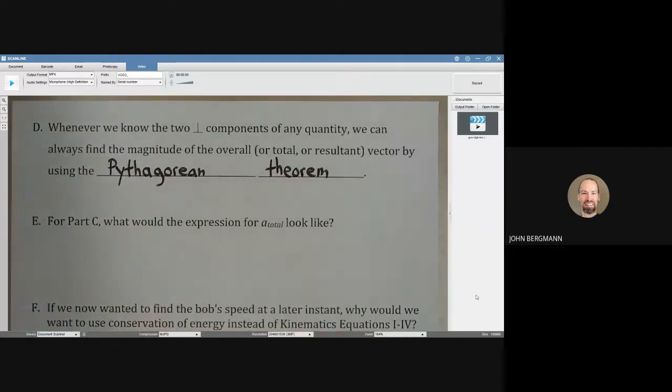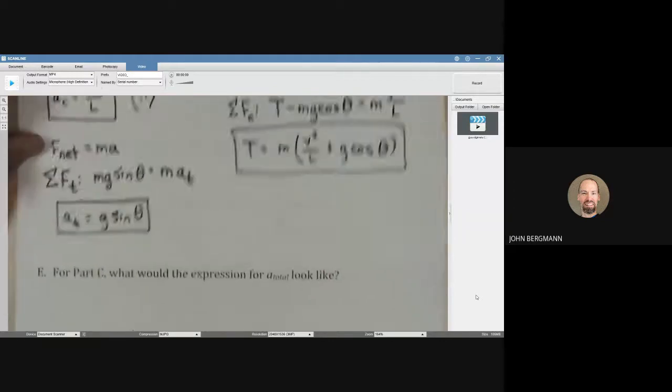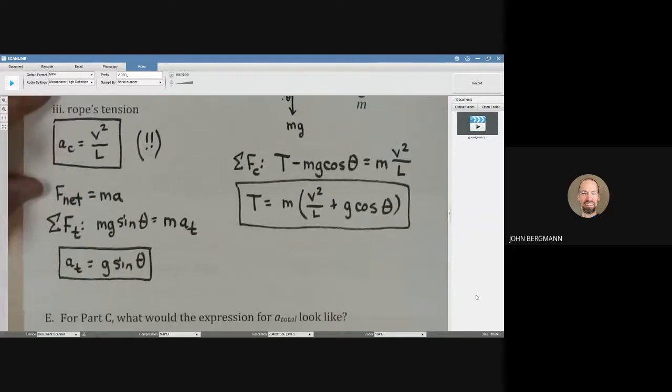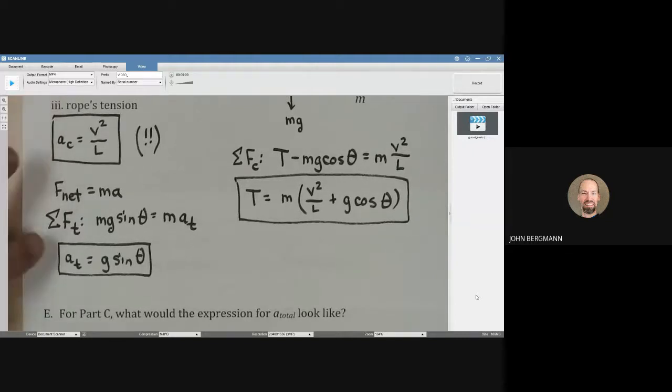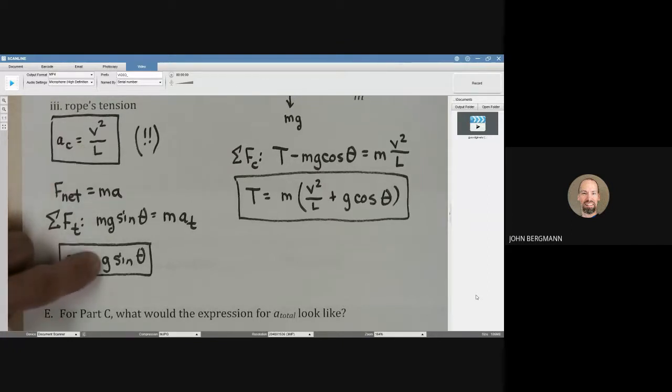For part C, what would the expression for a total look like? What we would have to do is use the Pythagorean theorem on these two accelerations. We'd square them, add them up, and take the square root.